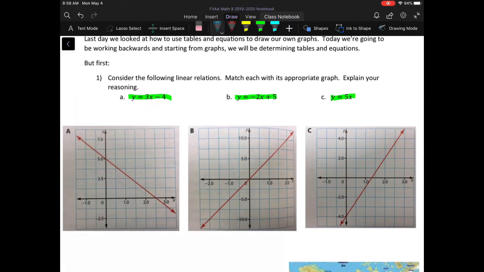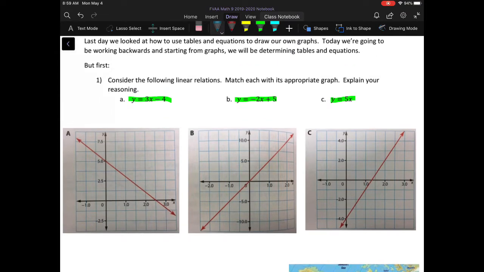In these equations, we always have to compare them to our basic equation of a straight line, which we know now is y is equal to mx plus b, with m being the rate of change and b being the original value, the initial amount when x is equal to 0. And that actually gives us where the line crosses the y-axis, which is really important and will help you with this matching activity here.